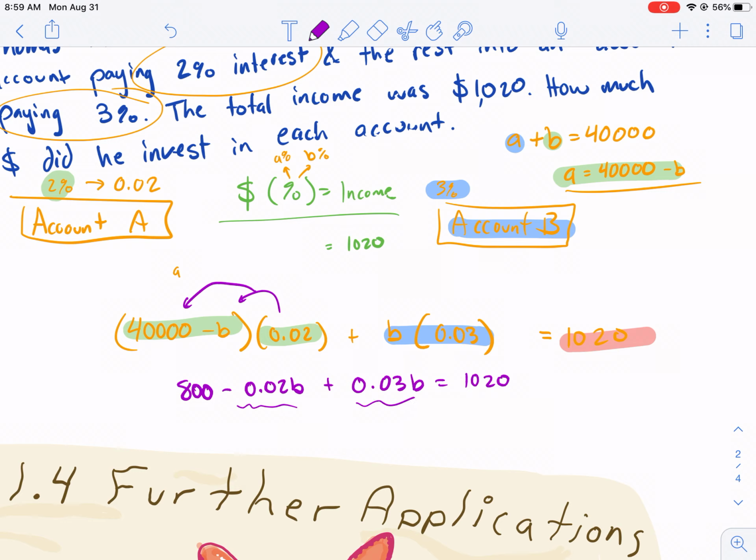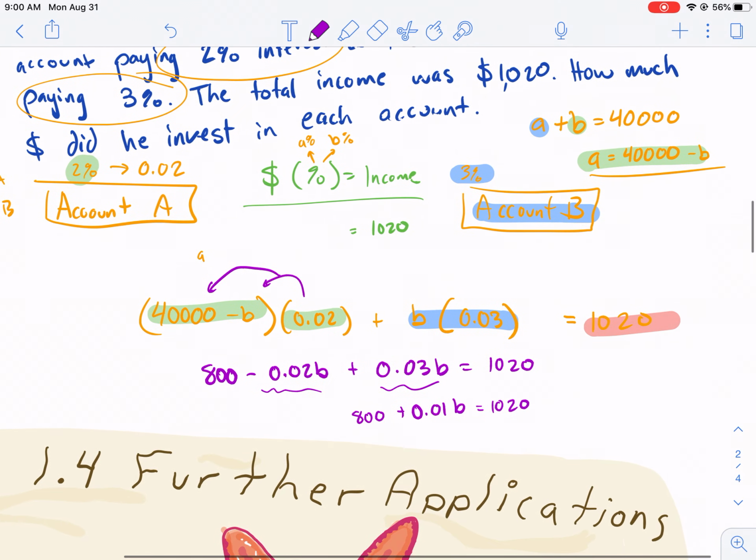Okay, I need to combine like terms. So I do 0.03 minus 0.02, that's going to give me 0.01b plus 800 equals 1,020. I need to subtract 800 from 1,020, and I get 0.01b equals 220.